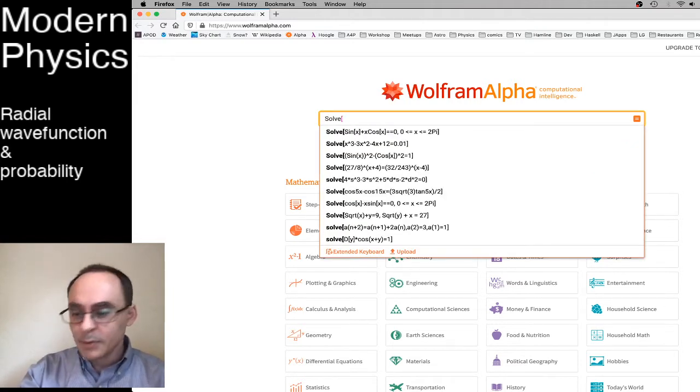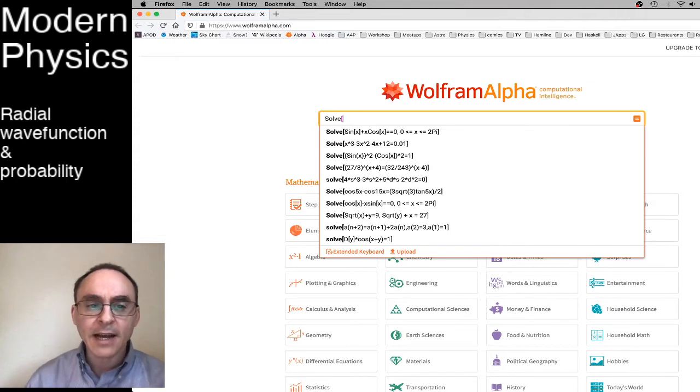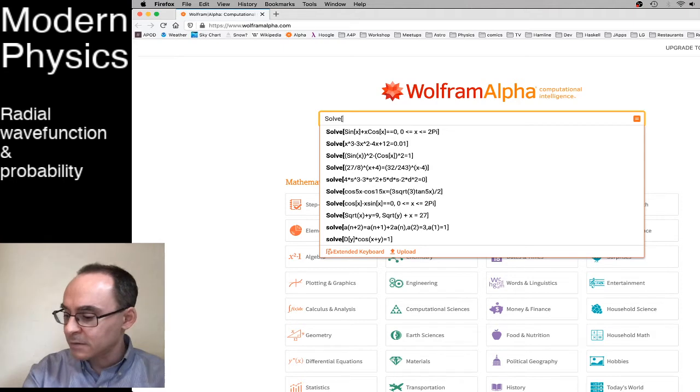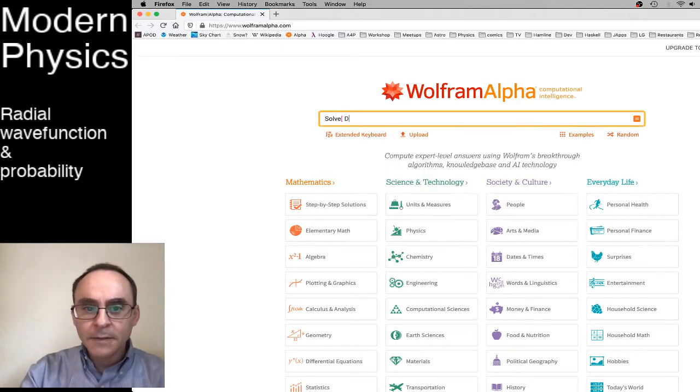So what I'm going to type into Wolfram Alpha, I'm going to use the Mathematica notation. I happen to know Mathematica a little bit, but sometimes Wolfram Alpha is not even picky about the details, which is kind of nice. I'm just going to say solve: take the derivative of r squared times (1 minus r squared) times e to the minus r, where I've set a naught equal to 1 so I don't have to worry about that.